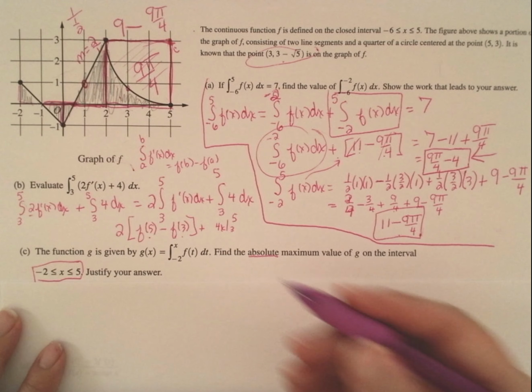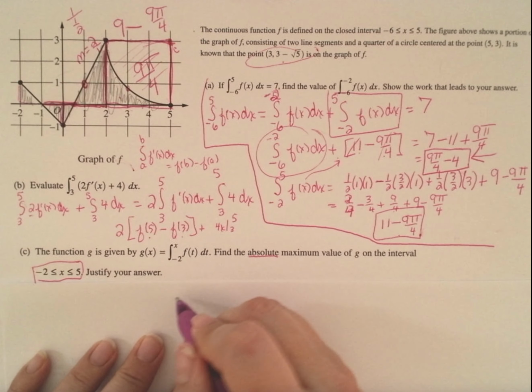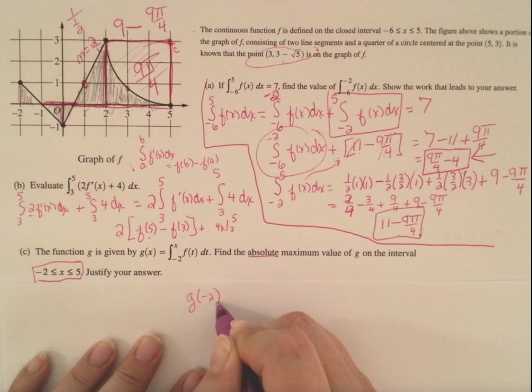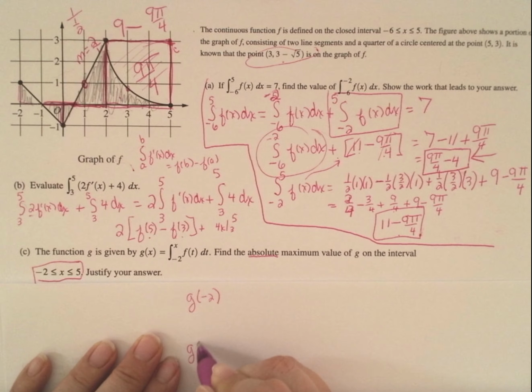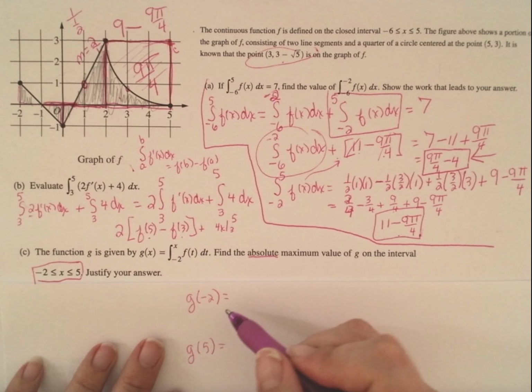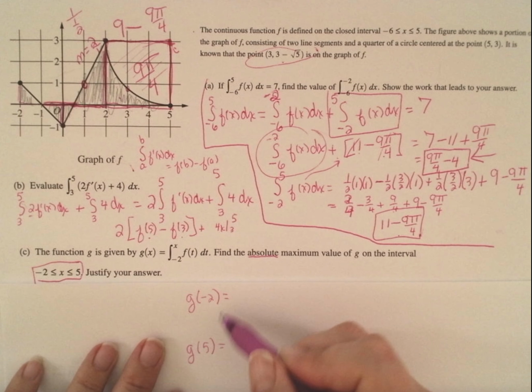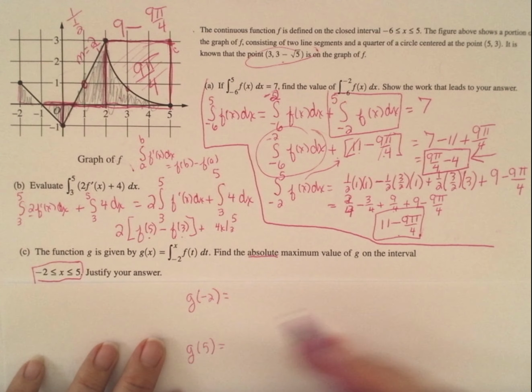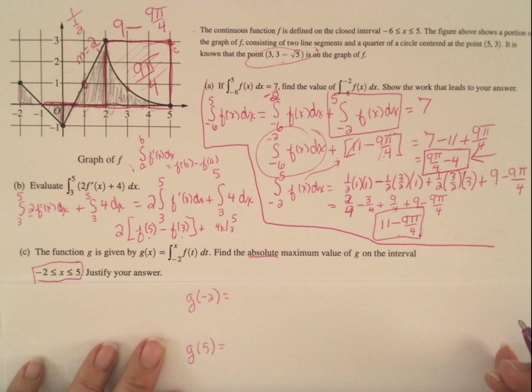So when you do EVT, remember, you have to figure out what g of negative 2 is and what g of 5 is. Those are the endpoints. So do g of negative 2 and do g of 5. But then you also have to test any point on the interior that's a critical point. A critical point is anywhere where g prime is equal to 0 or undefined.